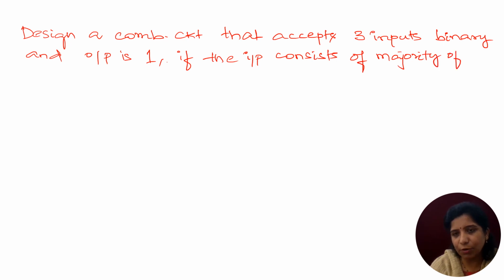This is the problem given. I want to design this combinational circuit that accepts 3 input binary numbers and the output is 1 if the input consists of majority of ones.